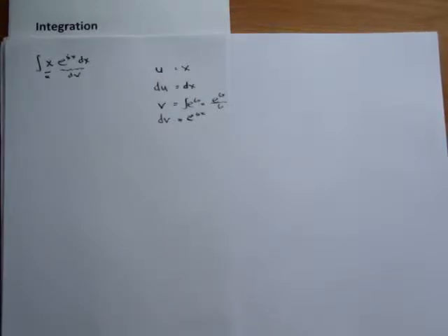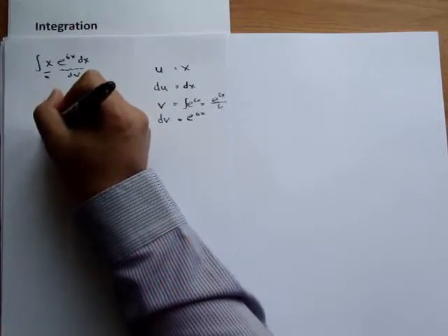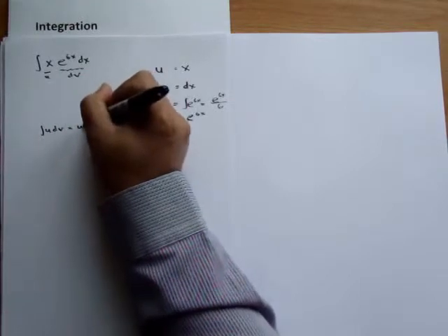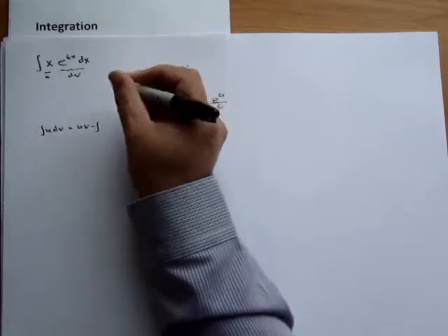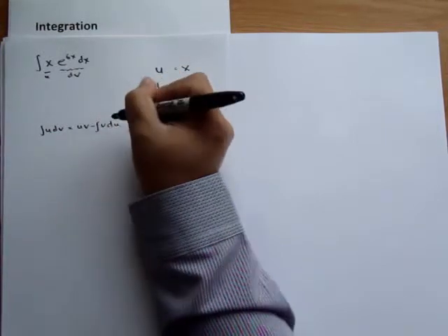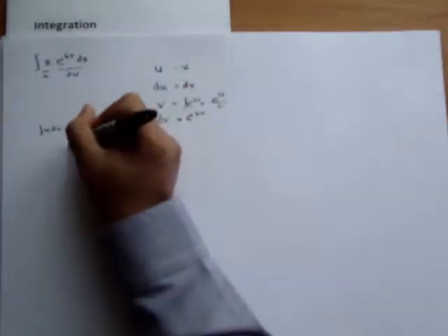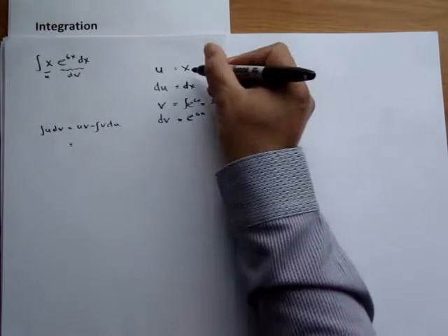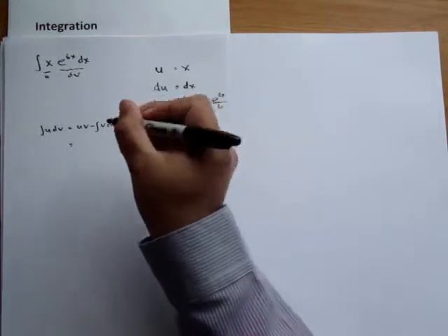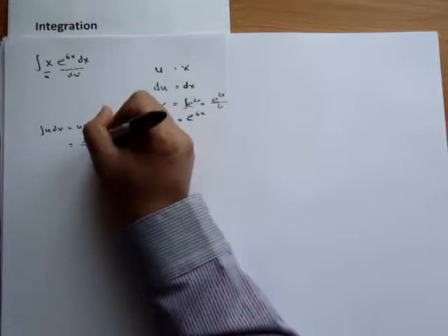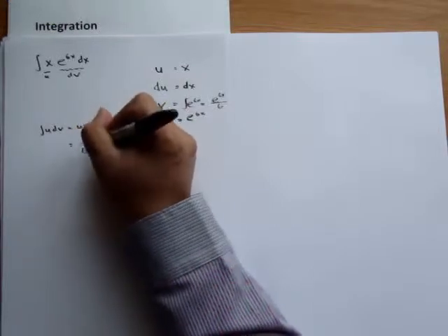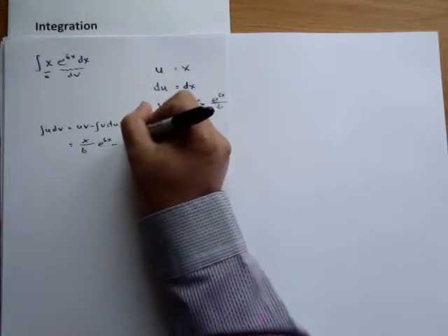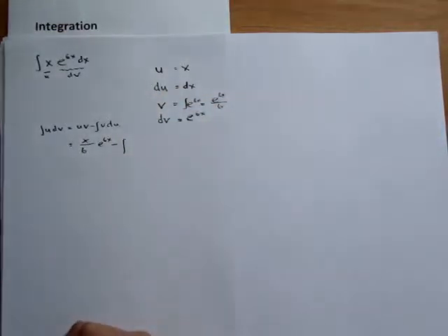When we then use our formula, which is the integral of u dv equals uv minus the integral of v du, here we get uv becomes u times v, which is x over 6 e to the 6x, minus the integral of v du.